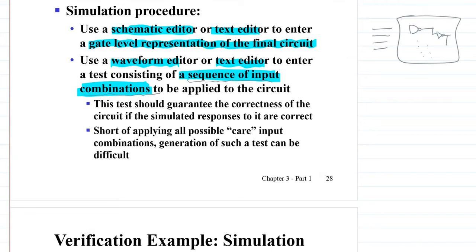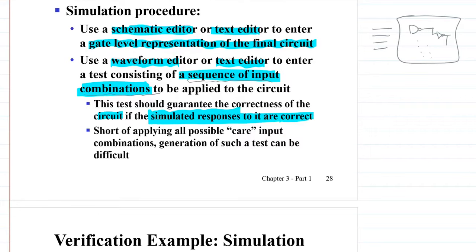The test signal should guarantee the correctness of the circuit if the simulated responses to it are correct. So if the simulated responses to the test are correct, then we will have our circuit verified.